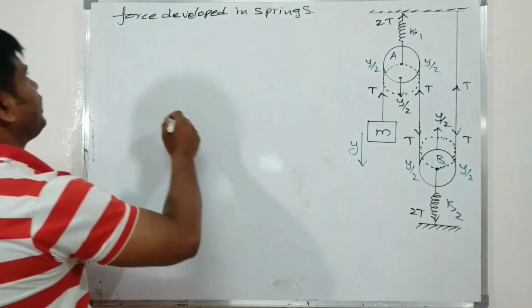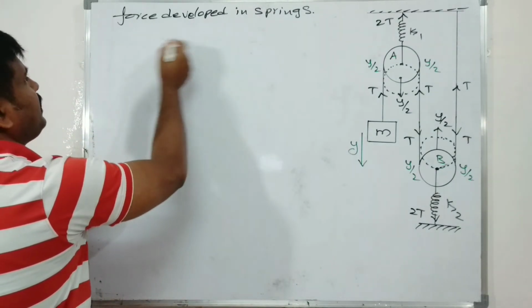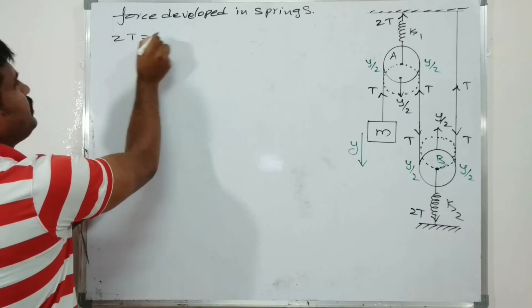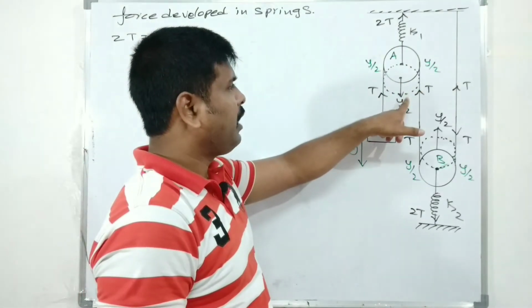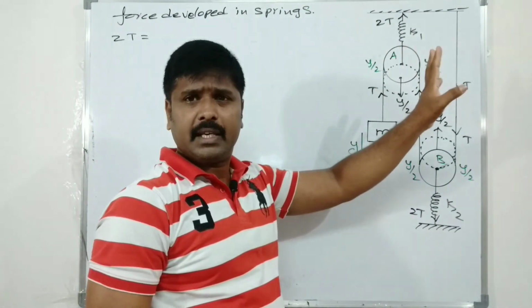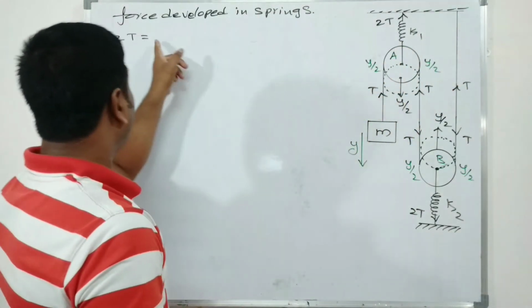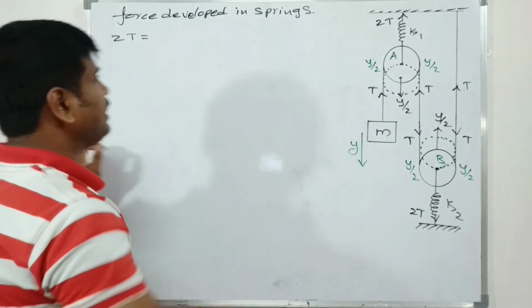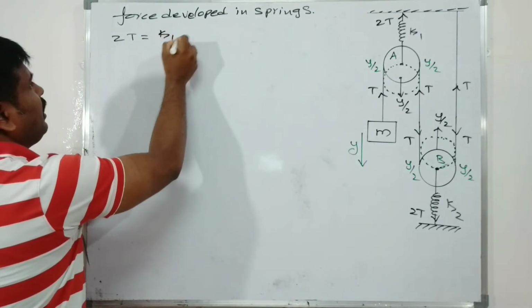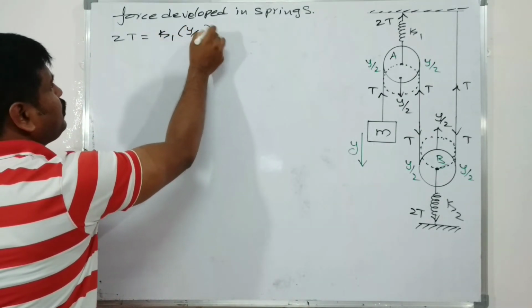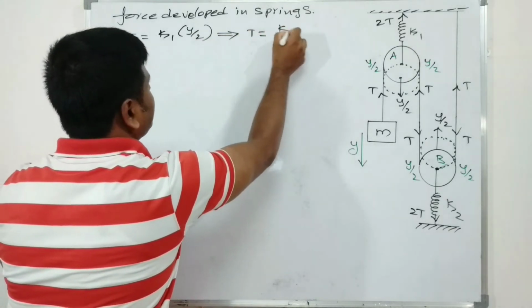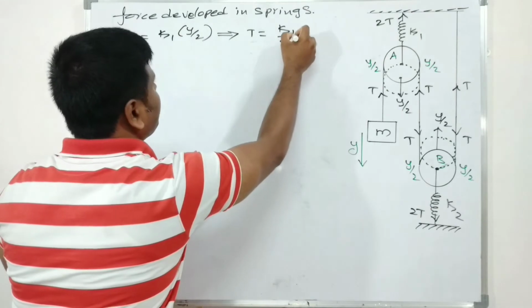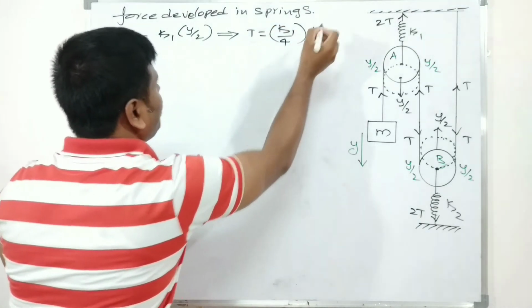Now the force developed in the spring is 2T, which is equal to, okay, F equals Kx formula. So F is equal to 2T and Kx value is here K1 times x value y by 2. From this equation, T is equal to K1 divided by 4 into y.